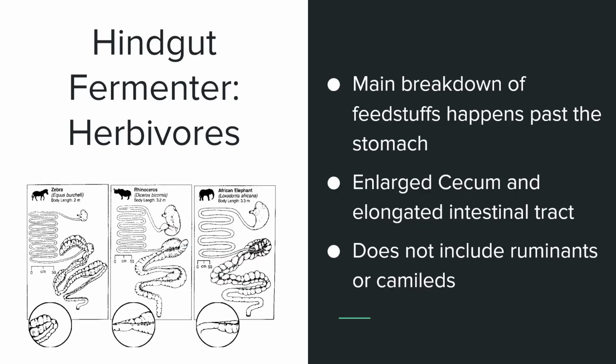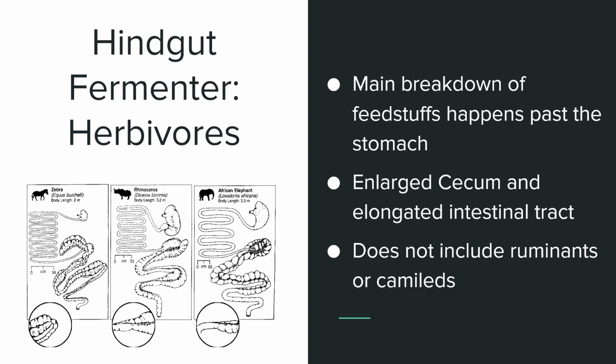So then we have our hindgut fermenters that are herbivores. Now, herbivores are unique. We can talk about primates, but we aren't, because primates are a whole other thing. But we're going to mainly talk about our hoofstock animals that are herbivores, as well as our small companion herbivores like our guinea pigs and our rabbits.